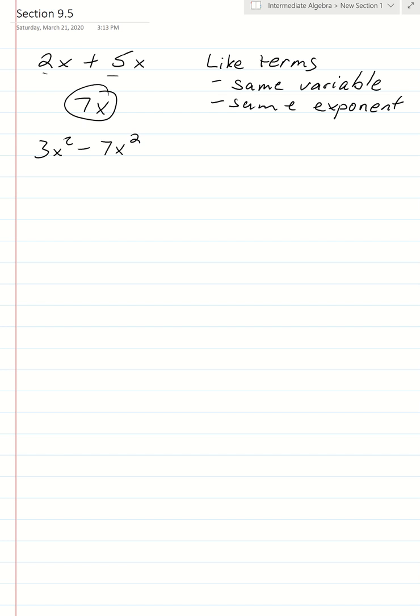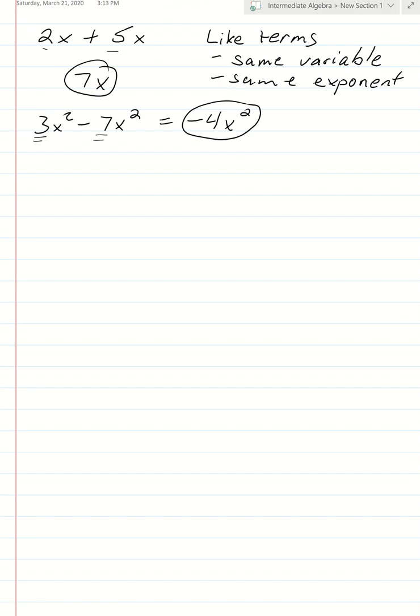They have the same variable of x and the same exponent of 2. So if we want to combine these like terms, we take the 3 and the 7 and subtract them, and that's how you would get a negative 4x squared as your simplified expression.